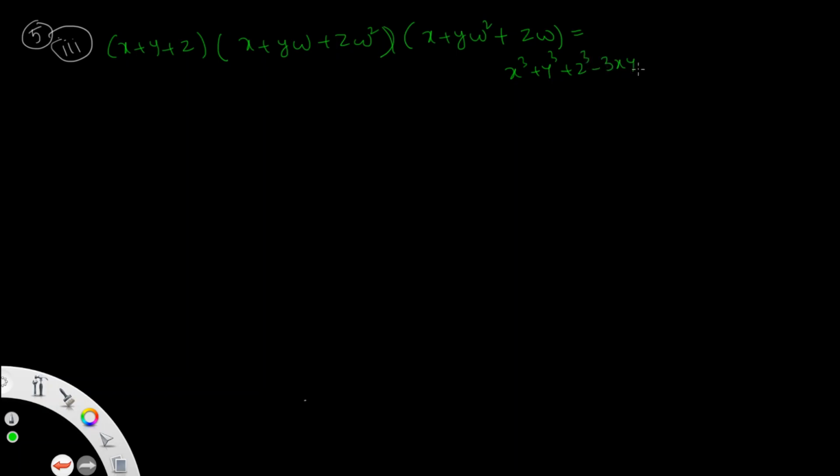We have to prove this value, where 1, ω, ω² are the cube roots of unity, by showing that the LHS becomes the RHS.